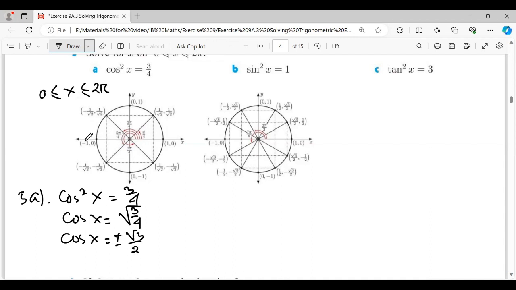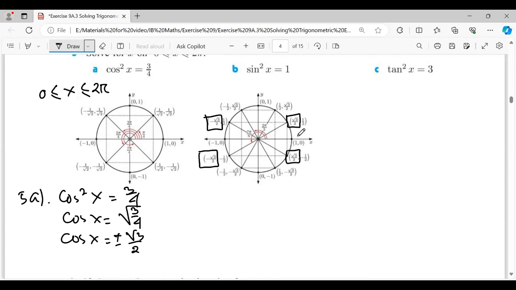So cosine can be positive or negative. This one is negative, and this one is positive.